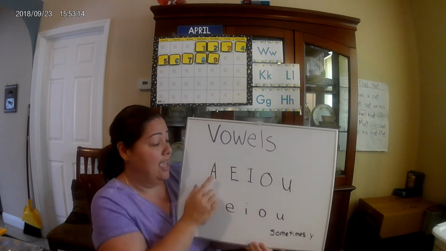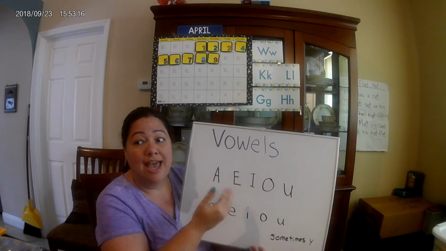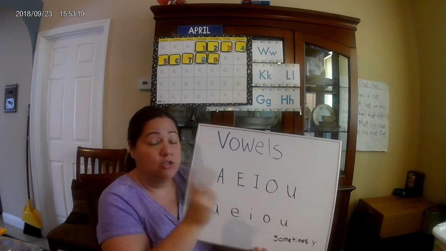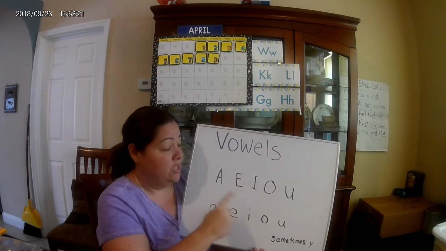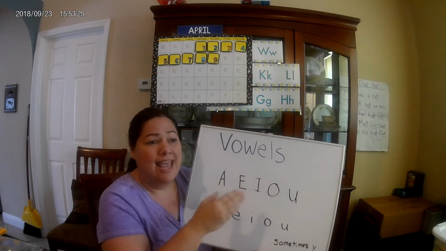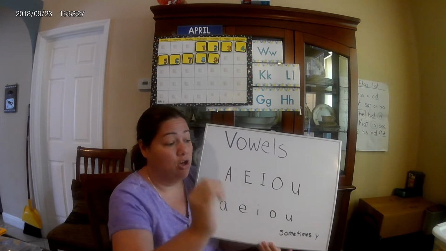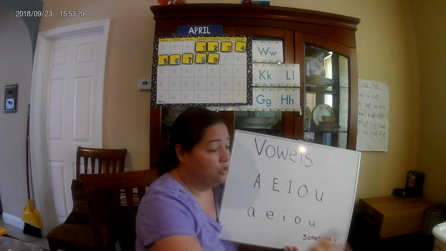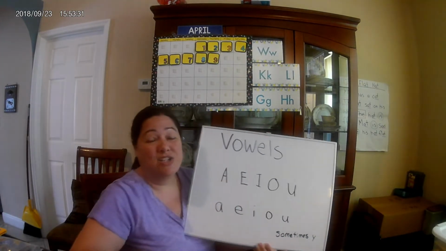All right. Vowels have two sounds, two sounds that don't sound the same. All the vowels have a short vowel and a long vowel. The long vowel says its own name.